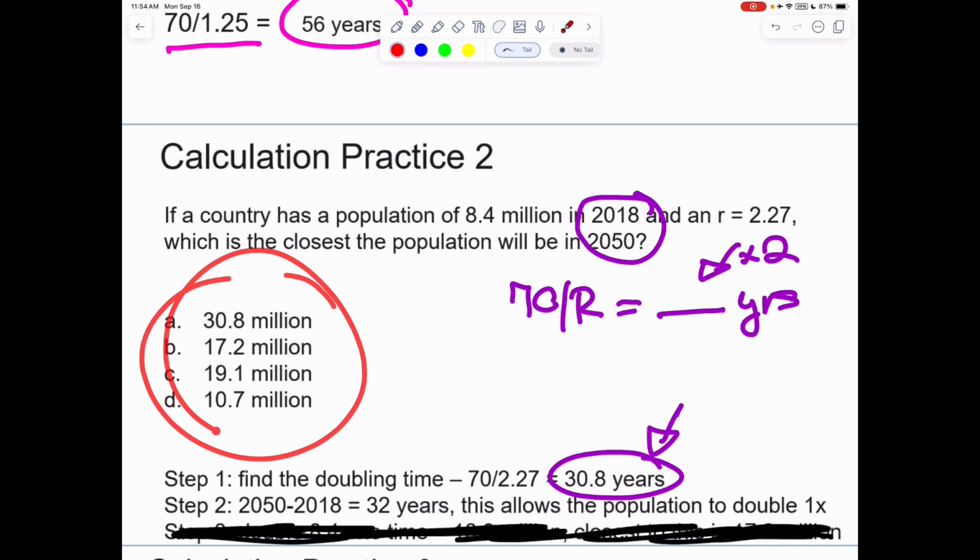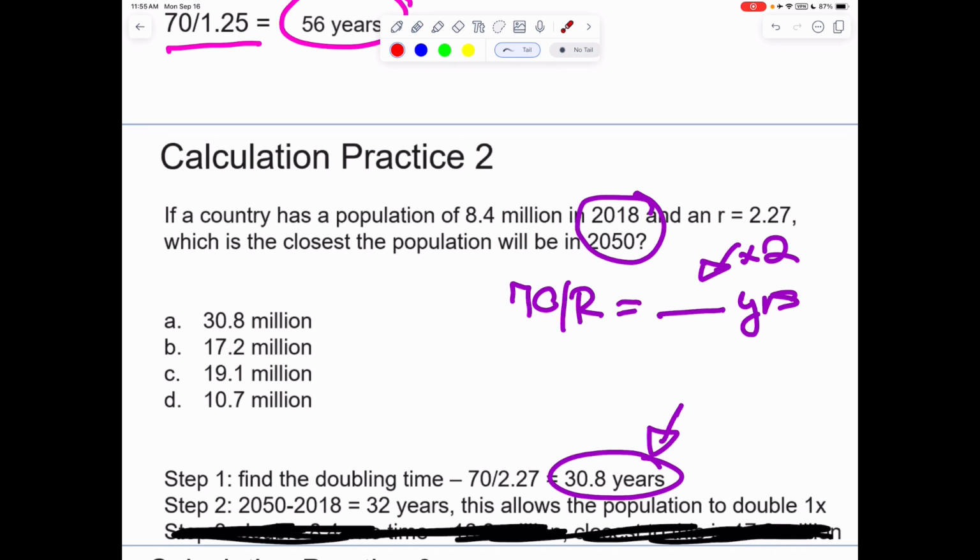Now, looking at my answers here, remember, you will always get a multiple choice type question like this. We're not expecting you to get the exact population through calculations. This is more of a rounding step. So if it was 8.4 million in 2018, it is going to be doubled.